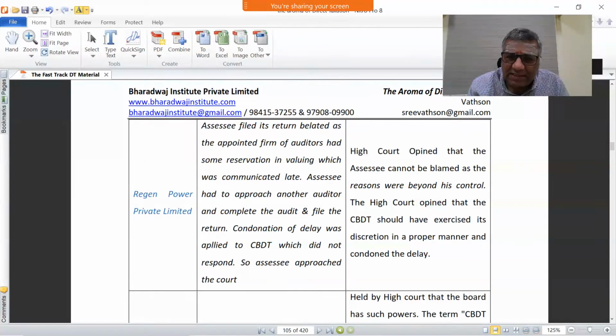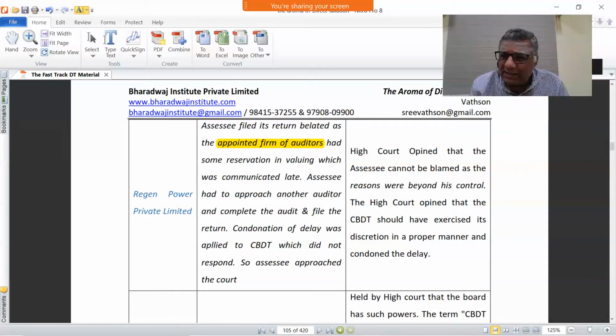Assessee filed its return belatedly as the appointed firm of auditors had some reservation in valuing, which was communicated to the assessee late. Assessee had to approach another auditor, complete the audit and file the return. Condonation of delay was applied for to the CBDT, which did not respond.